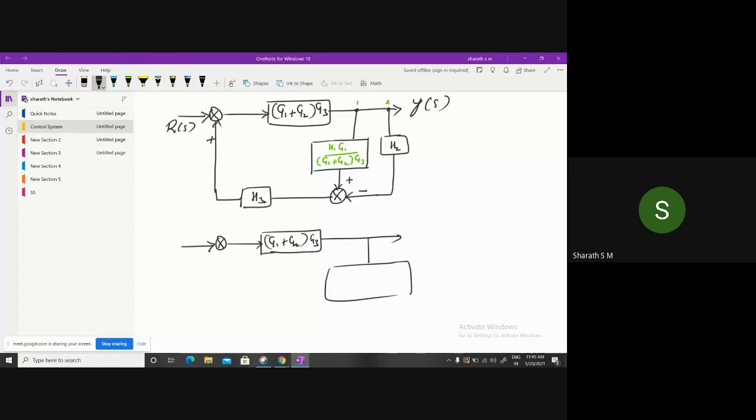Just write down H1 G1 whole divided by G1 plus G2 into G3 minus H2, that is in series with H3.